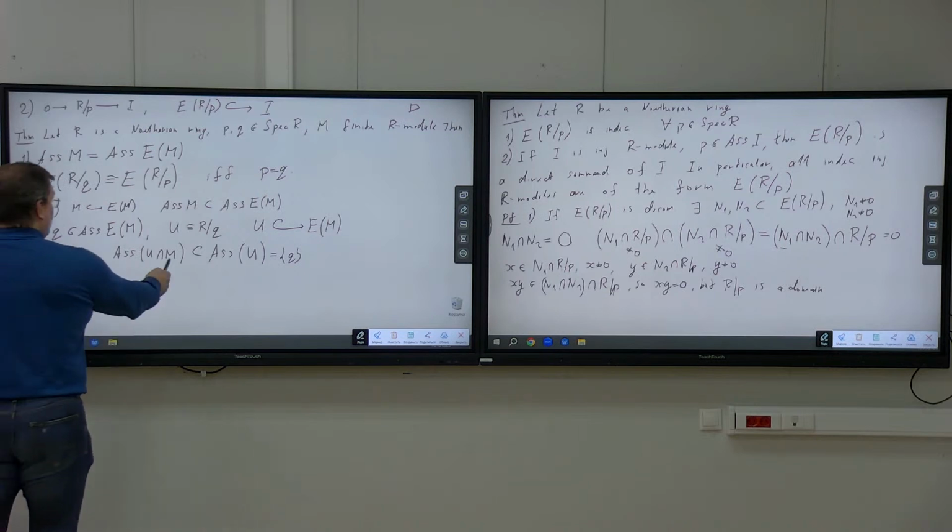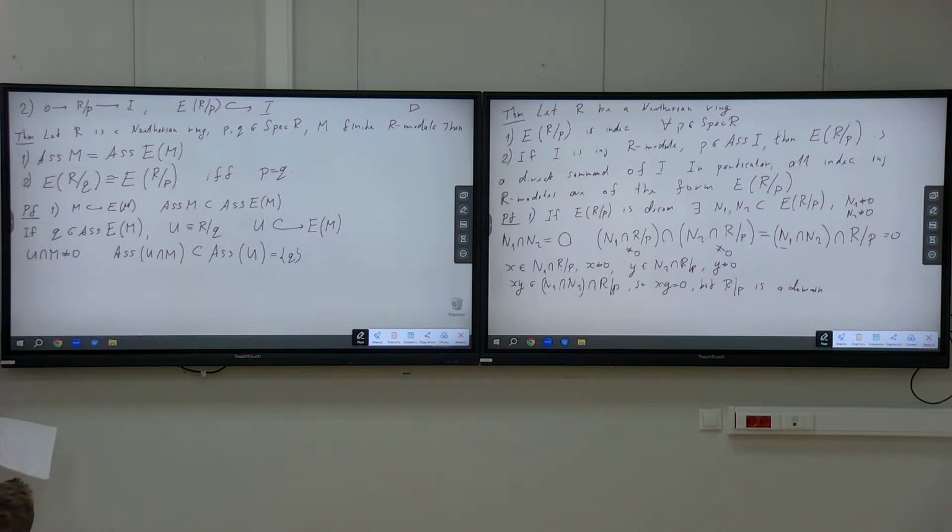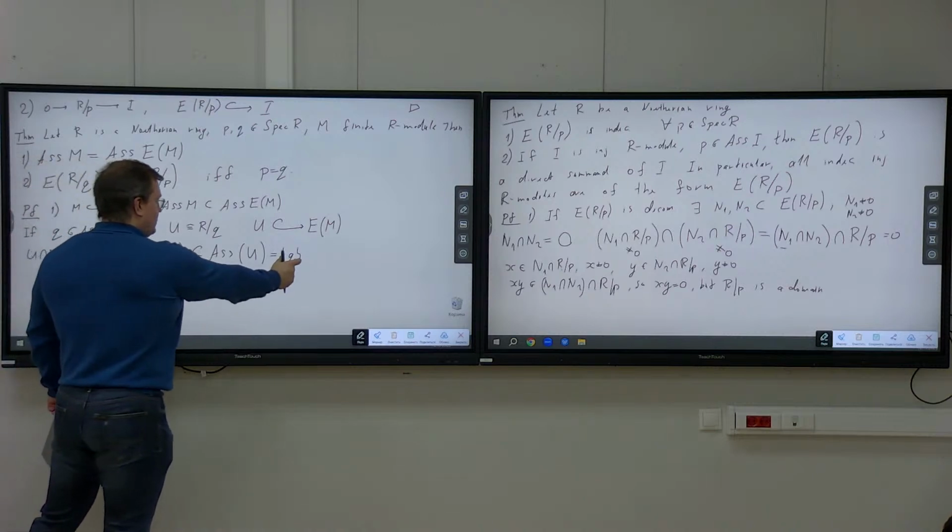So U intersect this M is not a zero module, so the set of the associated primes is not empty. So we have a non-empty subset in a singleton.